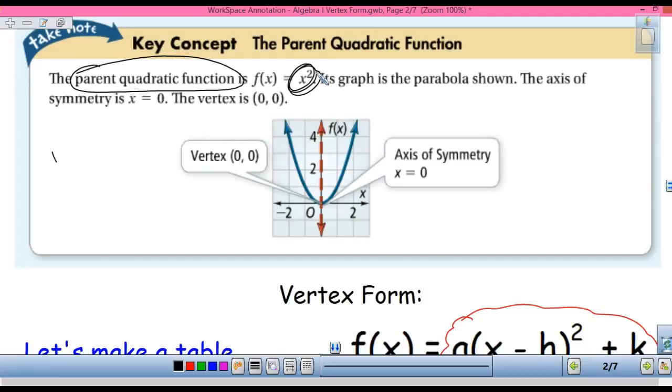Okay? So basically if I'm doing my graph, I'm starting at 0, 0, and then when I plug 1 in, what's 1 squared? 1. So 1, 1, negative 1, 1. What's 2 squared? 4. So 2, 4, negative 2, 4.